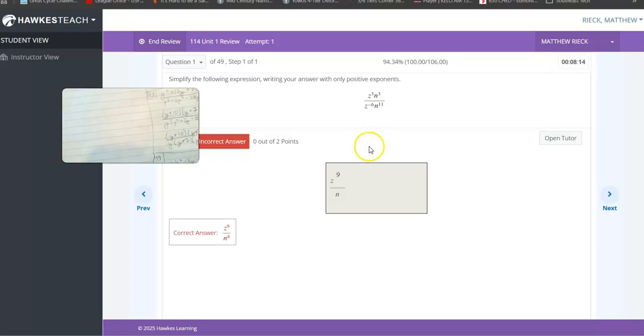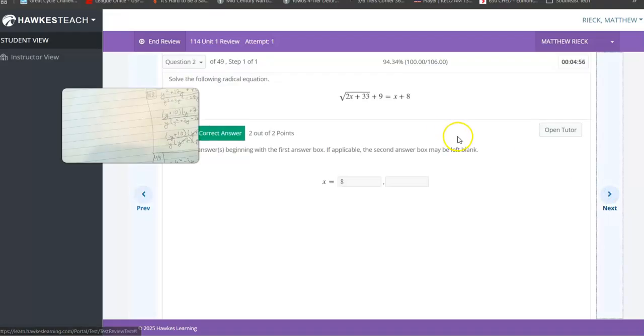So again, you'd subtract the 3 from the 11. My 11 looked like a 4, so I thought I had a 4 there.